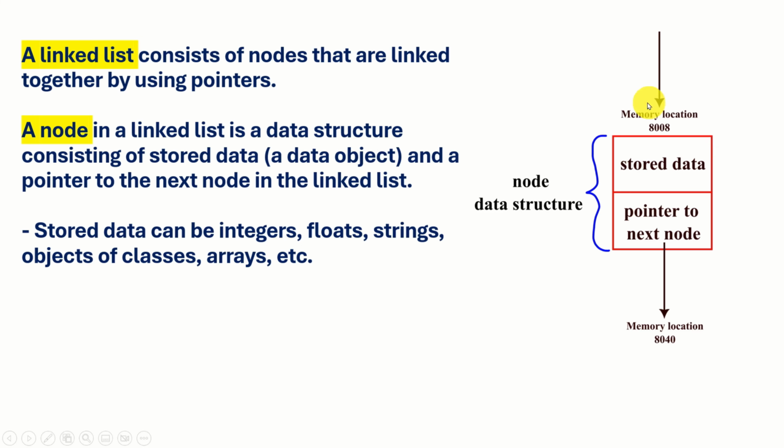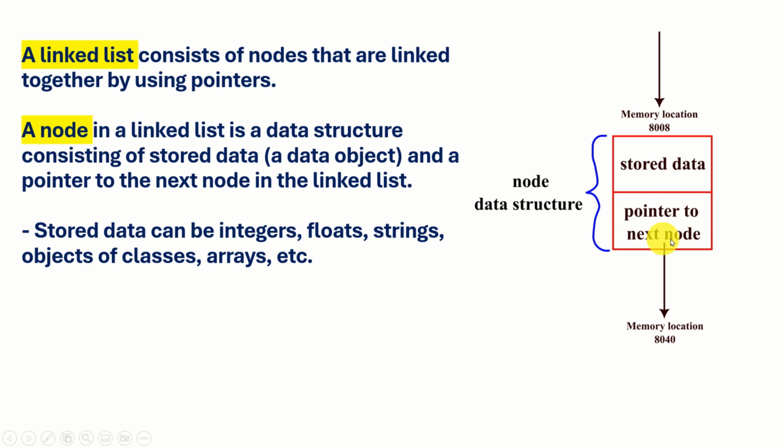Over here you can see an illustration of a node. As explained previously, a node is a data structure. It consists of two blocks or two parts. The first part is the stored data, and the second part is the pointer to the next node. It's very important to keep in mind the following.